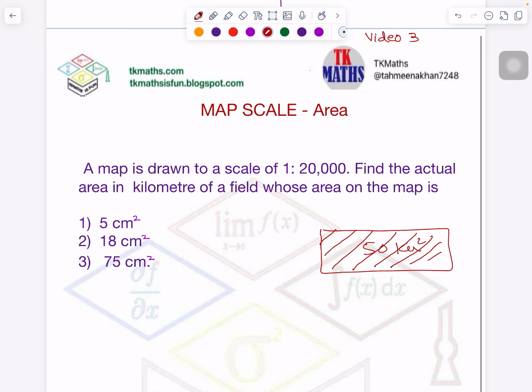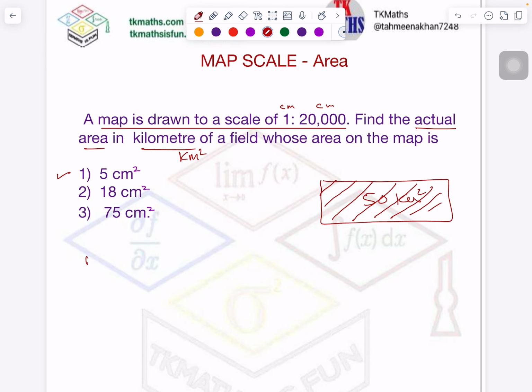So let's see here. A map is drawn to a scale of 1 is to 20,000. We have seen in the previous video that when it is written like this, it means both map and ground units are given in centimeter. Find the actual area in kilometer, basically square kilometer, right, of a field whose area on the map is 5 square centimeter.